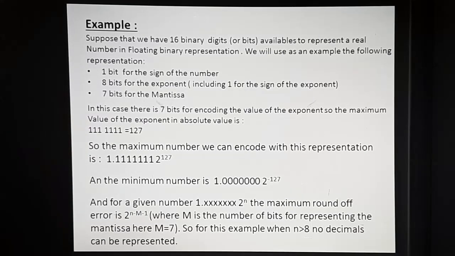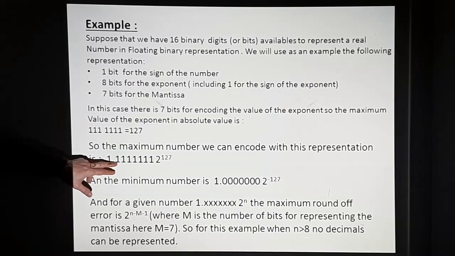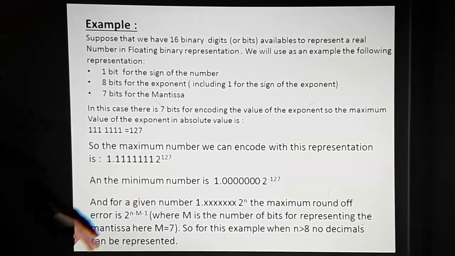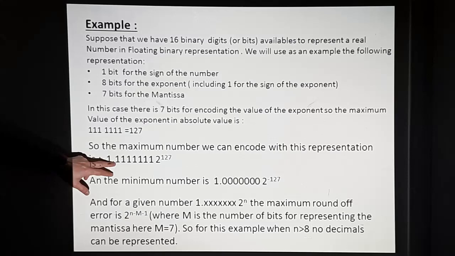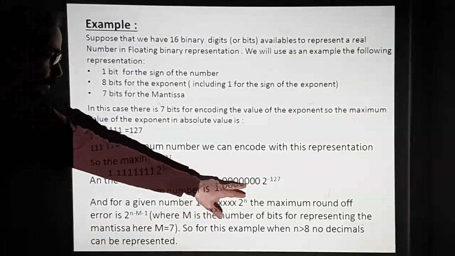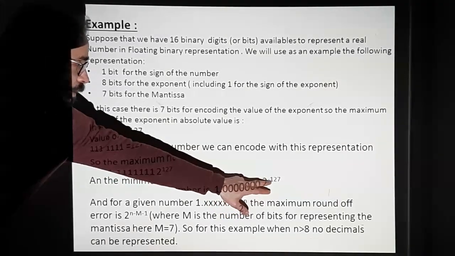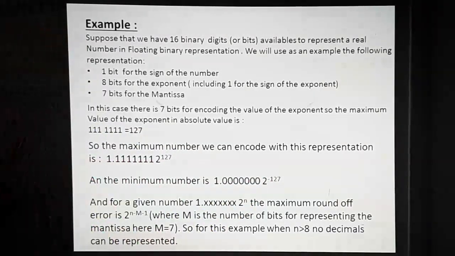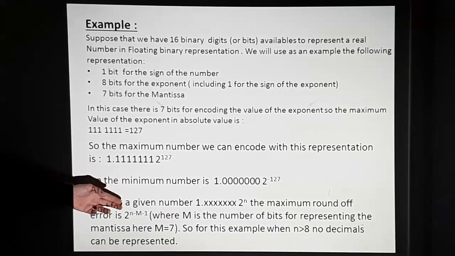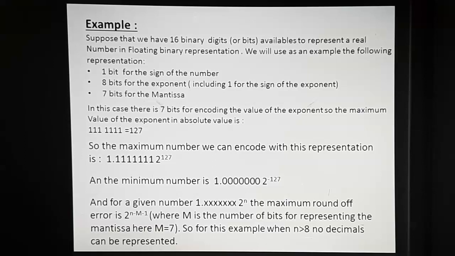Now the maximum number that you can represent with this representation is 1.1111111 times 2 power 127, and the minimum number will be 1.0000000, when all the bits are 0, times 2 power minus 127. Okay, so as you see, there's a huge difference. You can represent a large range of numbers.